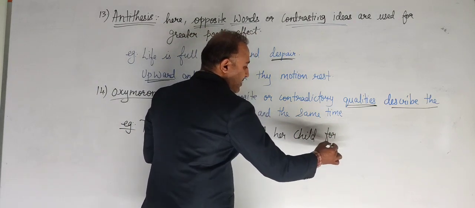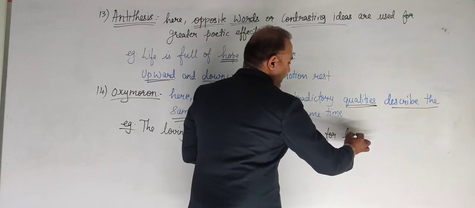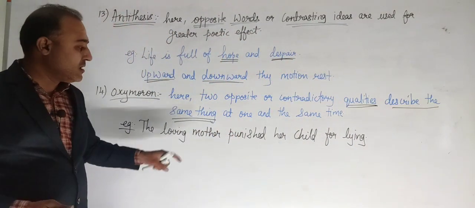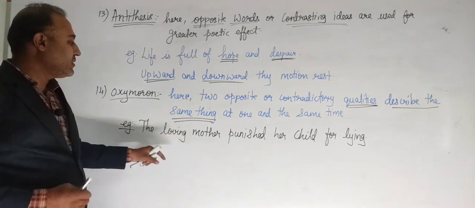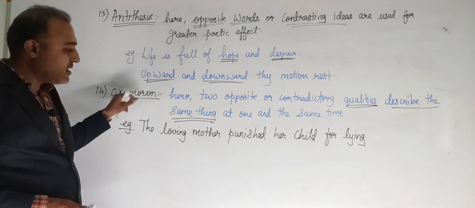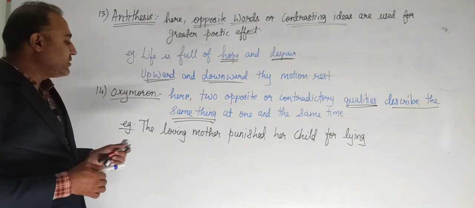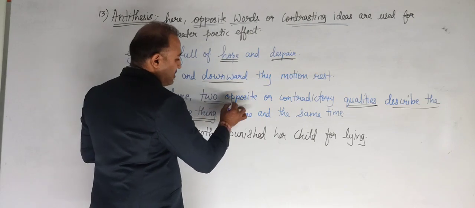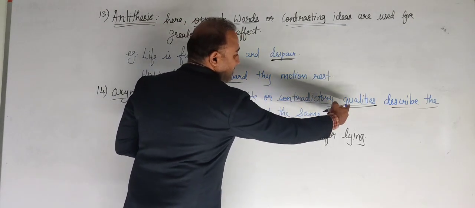for lying. Okay, so why is the figure of speech used in this sentence oxymoron? Again, as I explained, when two opposite or contradictory qualities.